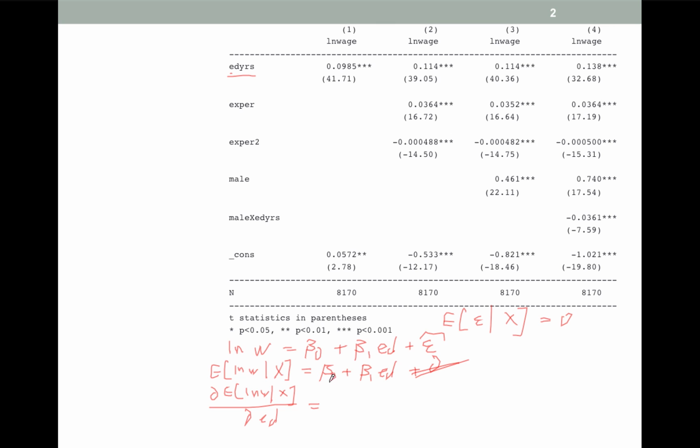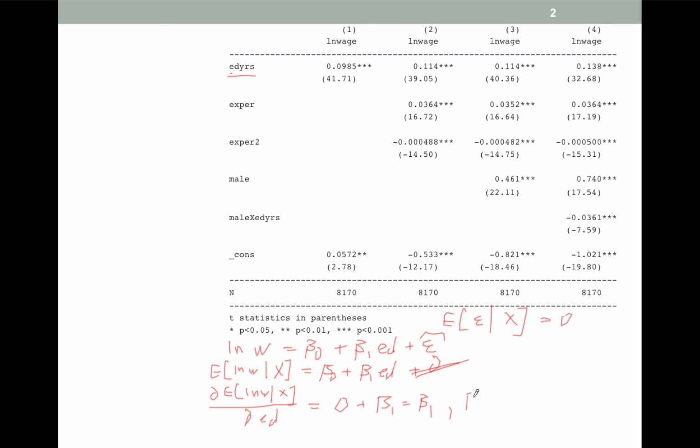Beta 0 is not changing with an increase in education. Beta 1 times ed, well, that's just beta 1. So what's beta 1? It's how we expect the log of the wage to change when we increase education by 1 unit.